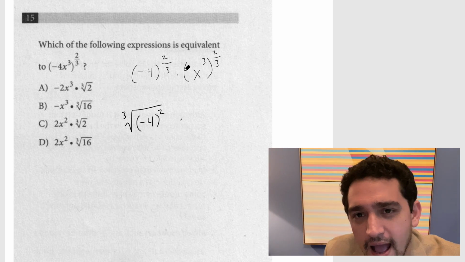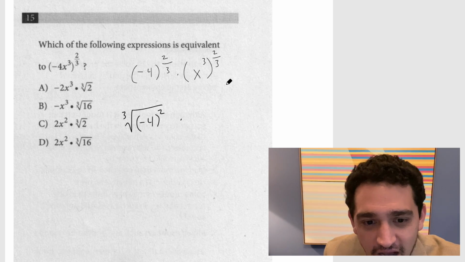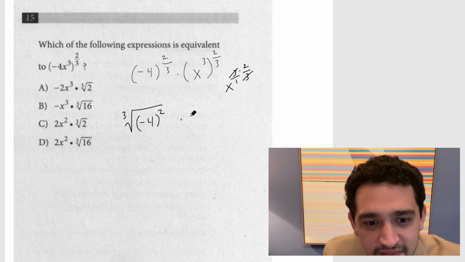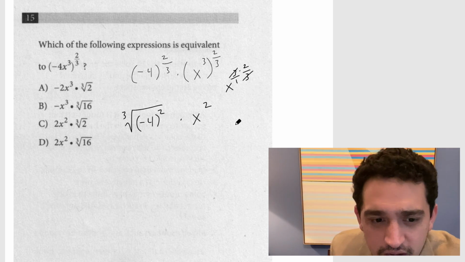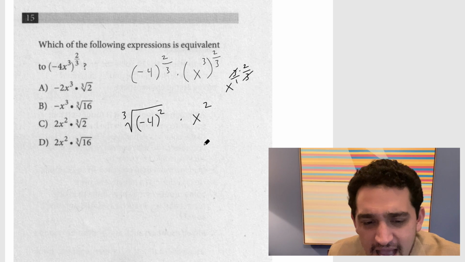And now, x cubed to the power of 2/3, when we have an exponent of an exponent, we can multiply them. This becomes x to the power of 3 times 2/3. What is 3 times 2/3? Well, you can look at it as 3 over 1 times 2 over 3. The 3's cancel out. It is just 2. This is x squared. We know our answer is a cube root of negative 4 squared times x squared.